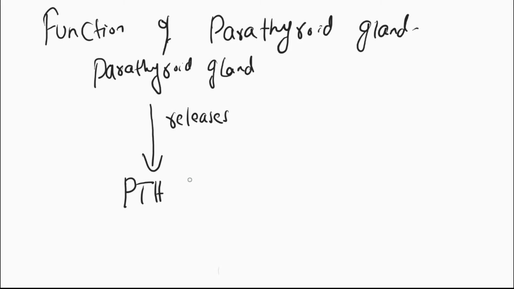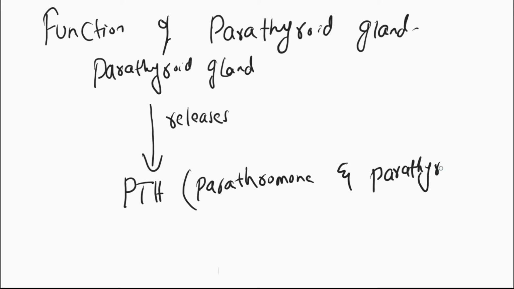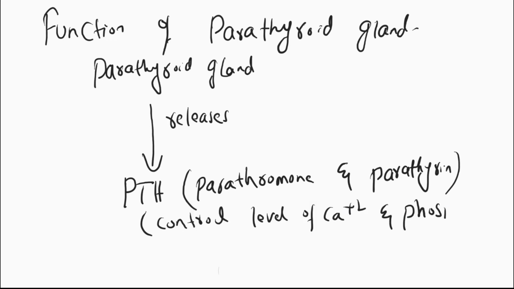Parathyroid hormones are also called parathormone and parathyron. Parathyroid hormones control the level of calcium and phosphate.